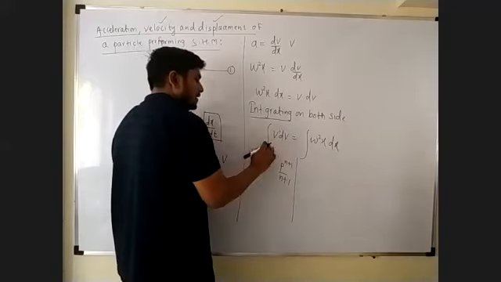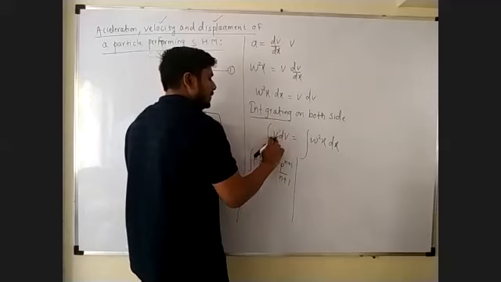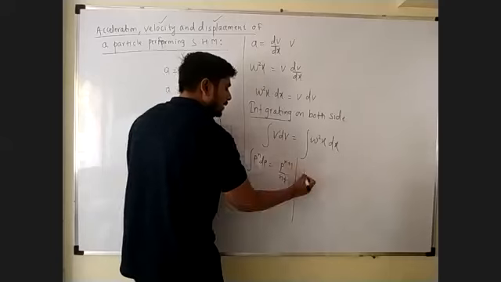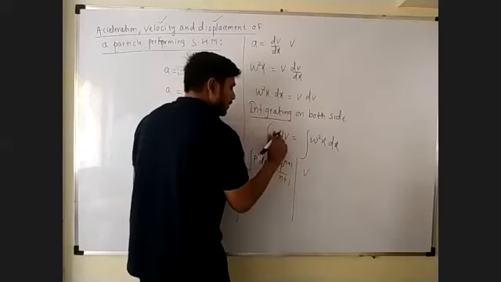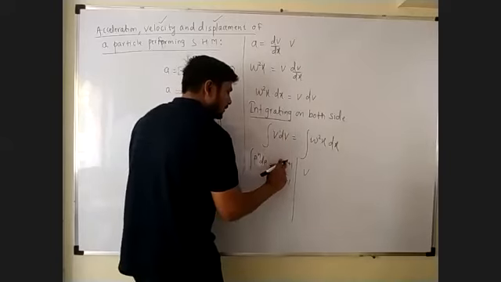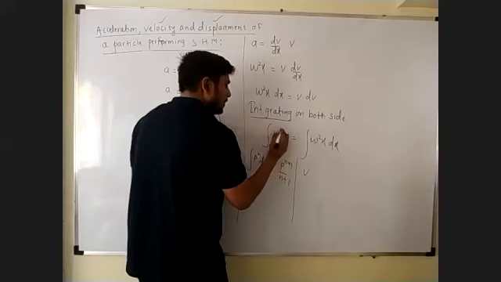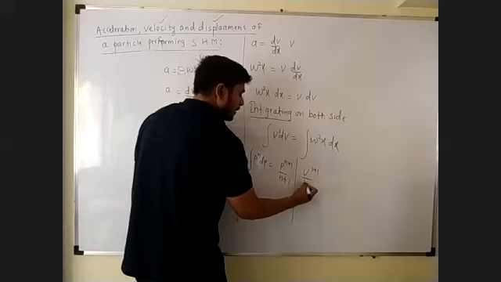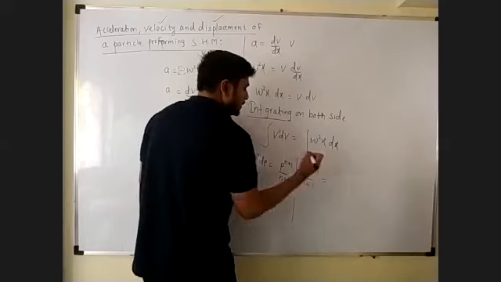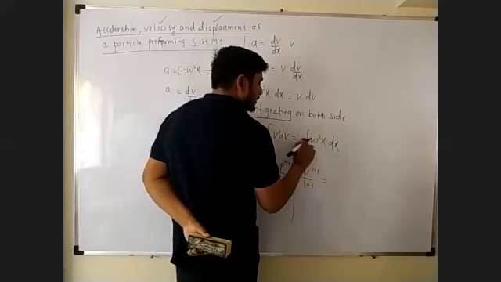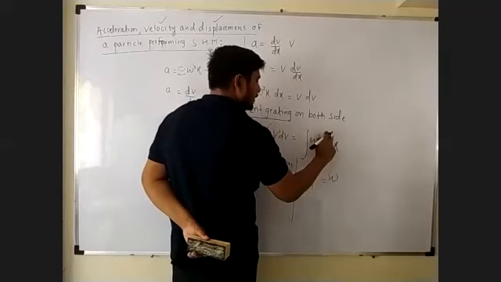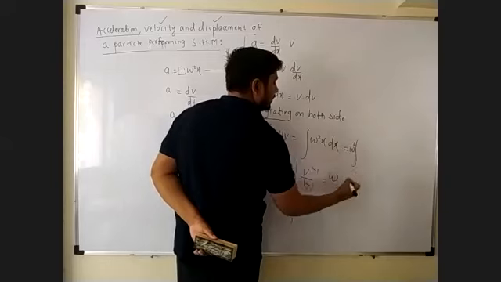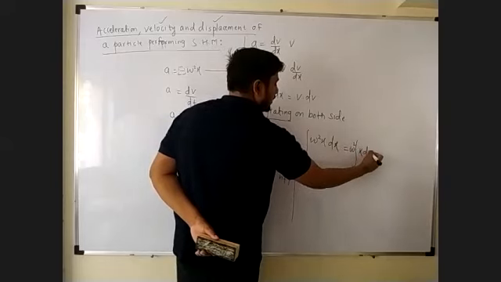So with this formula, v raised to 1 with respect to dv, we will get v raised to 1 plus 1 upon 1 plus 1. Because here the power was n, I took n plus 1, and here the power is 1, so I take 1 plus 1 upon 1 plus 1. That will be equal to, now omega square is a constant, so I'm going to take omega square common, with the integration of x with respect to x.